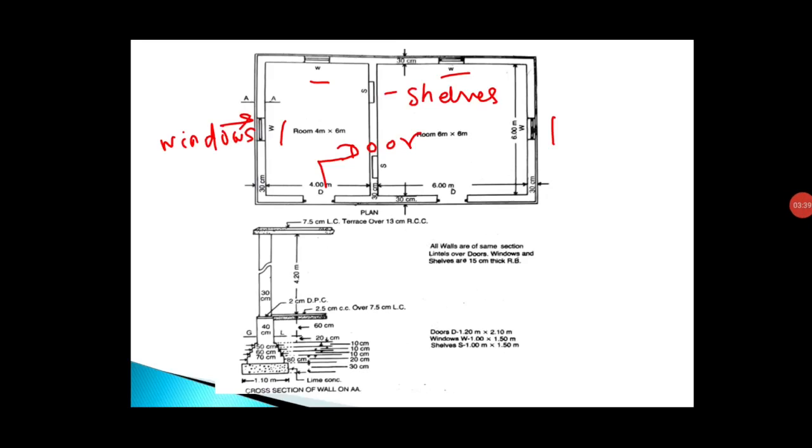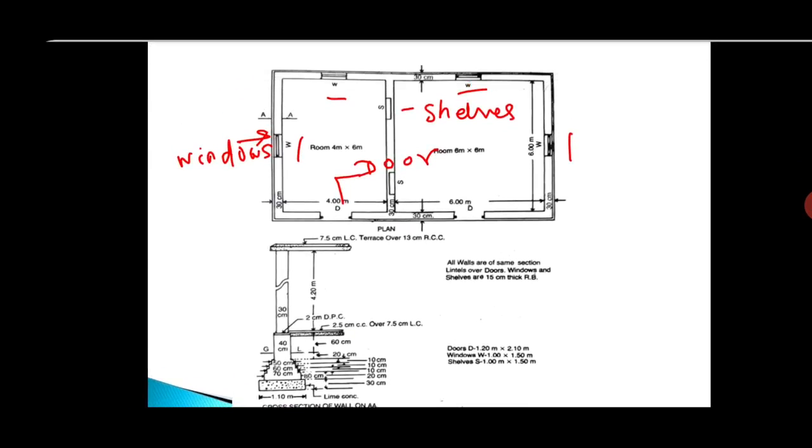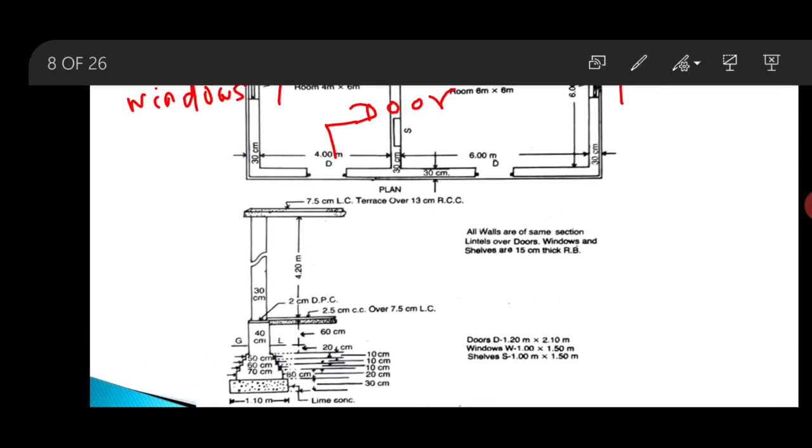In the drawing, you can see the specifications for these openings are given. First we will calculate the volume of the door opening. For the door it is given that the size is 1.2 by 2.1.